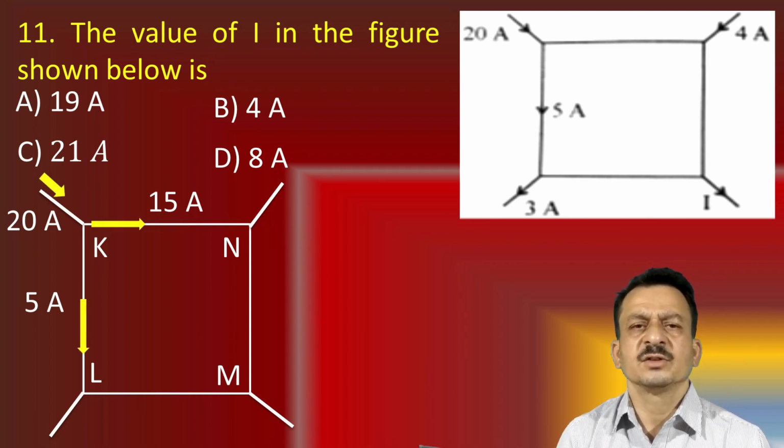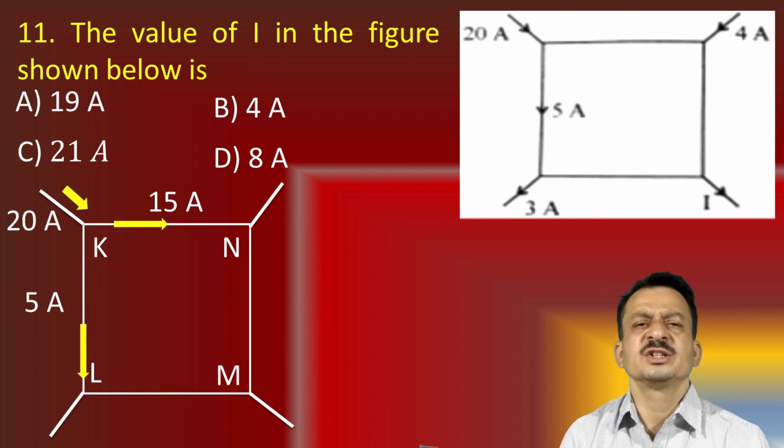Clear? Okay, now let me take the other junction, the L junction. At the L junction, 5 amps is entering, and as shown in the diagram, 3 amps is leaving.